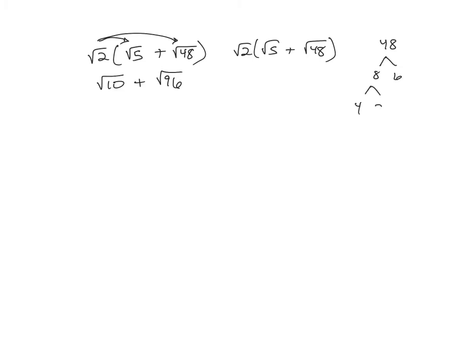So remember, I'm going to break down numbers, and as soon as I can't break down a number, I'm going to put a box around it just so it stands out. Okay, and so then I want to look for pairs. So I have a pair of 2's, so I write a 2. I have another pair of 2's, so I write another 2, and then I have a 3 that's left over.